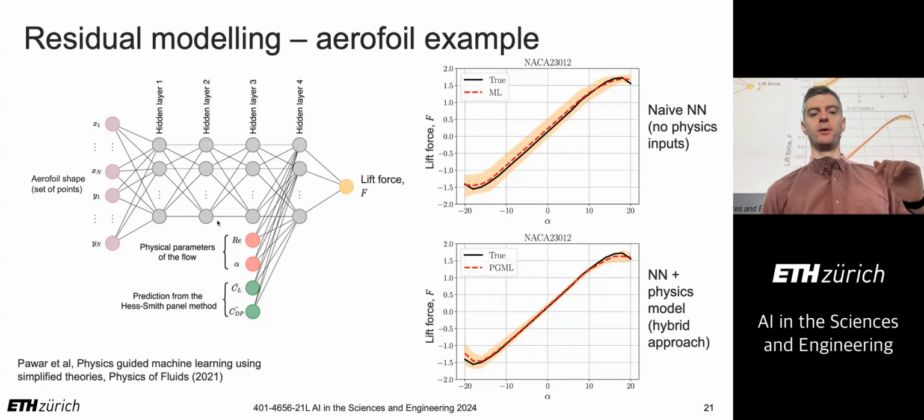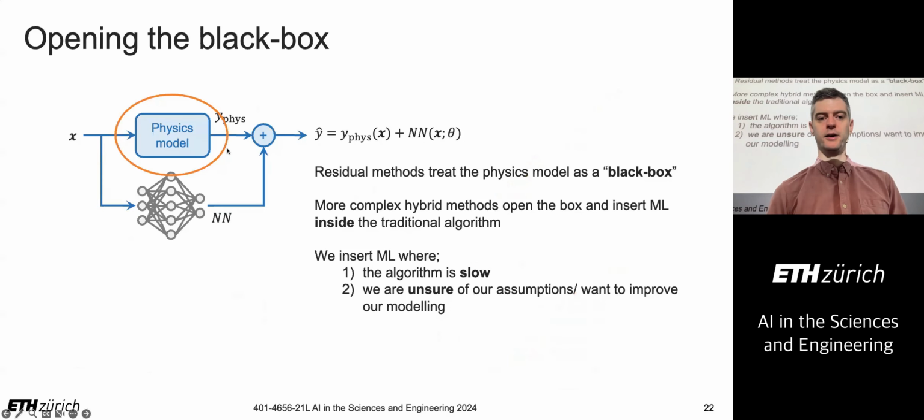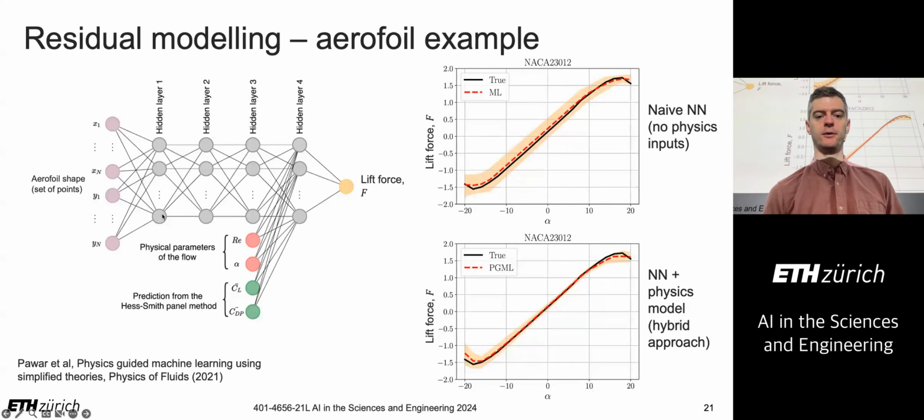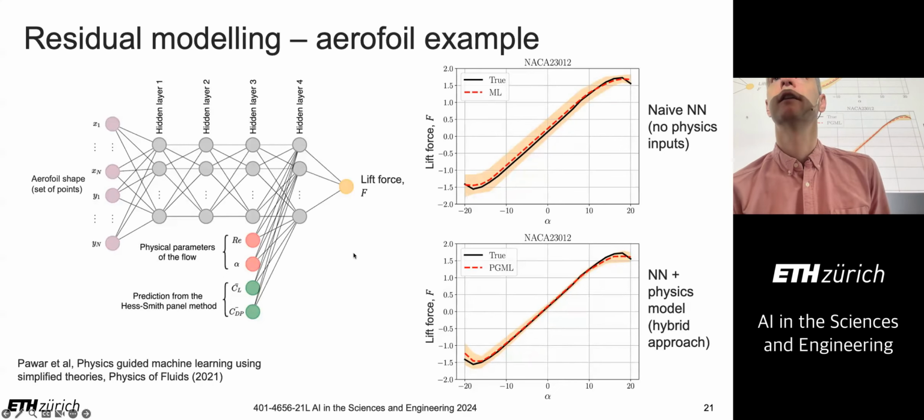So can anyone tell me why this isn't exactly the residual model that I showed you up here? Why isn't this exactly the same as this, where I'm taking a physics model and adding the neural network? Oh, how is this slightly different? Yeah. They're not directly mapping it.